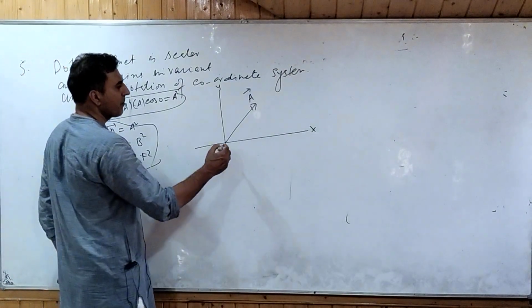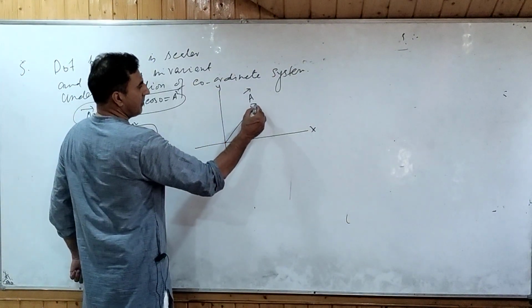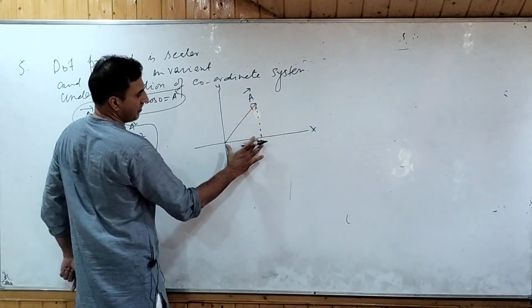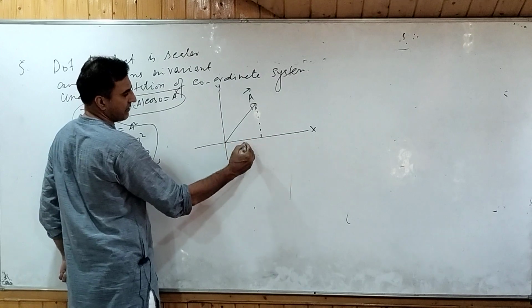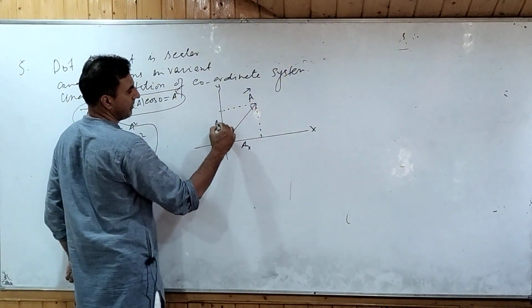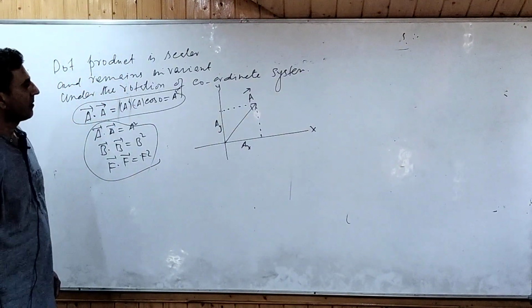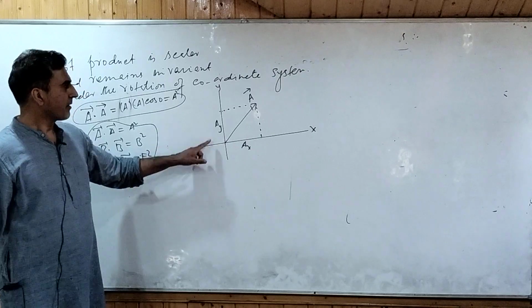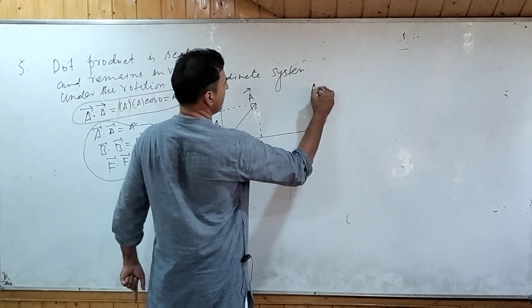Now, what is the component of this vector on this x-axis? That is ax. Component here is ax, component here is ay. Can you write what is A square, the magnitude squared?